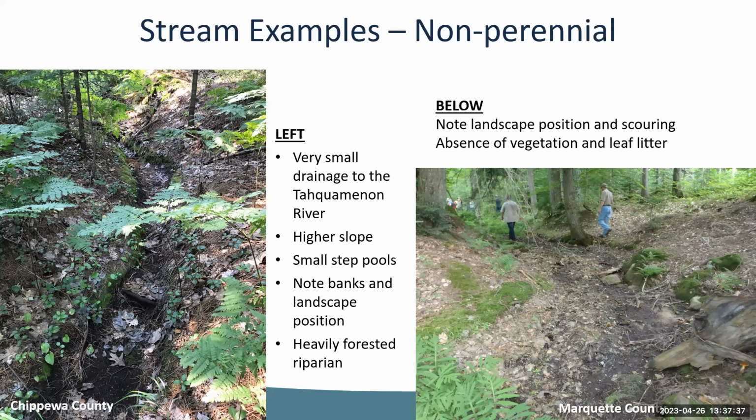One thing to note is the position in the landscape. There's been enough water flowing in this channel to form these small stream banks, but it's definitely located at a low point in the landscape where you're going to have concentration of that overland flow and stormwater runoff when it rains into this small channel that goes directly to the river.